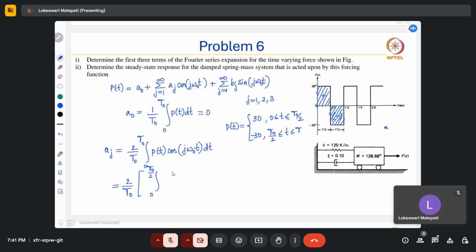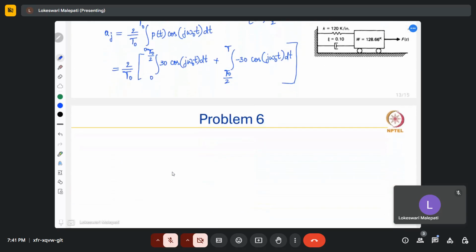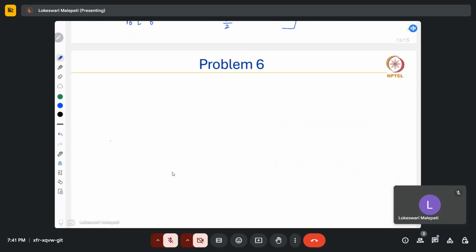So p of t for this case would be 30 cos j omega naught t dt, and plus integral t naught by 2 to t naught of minus 30 cos j omega naught t dt. Now let's evaluate this integral.